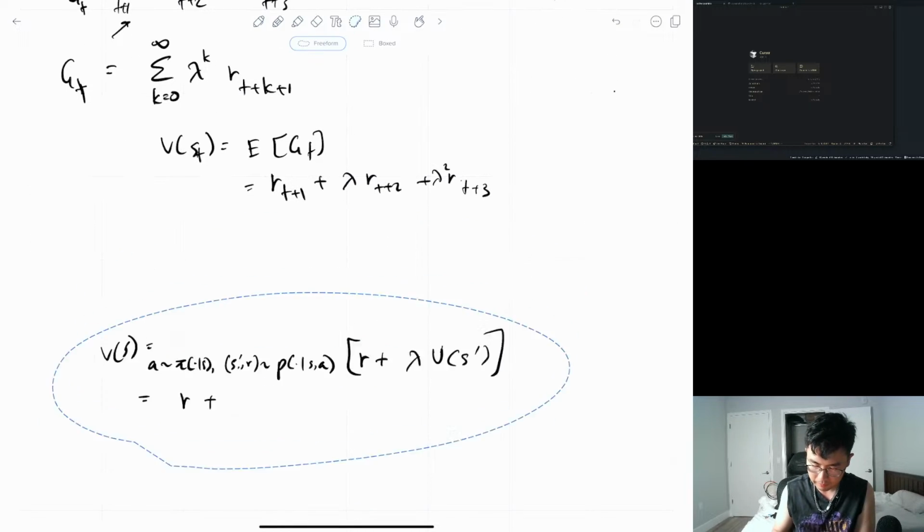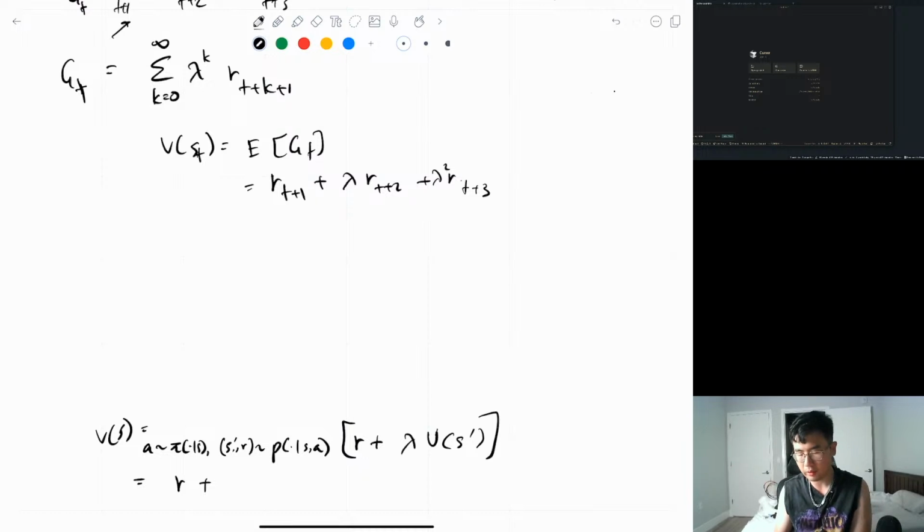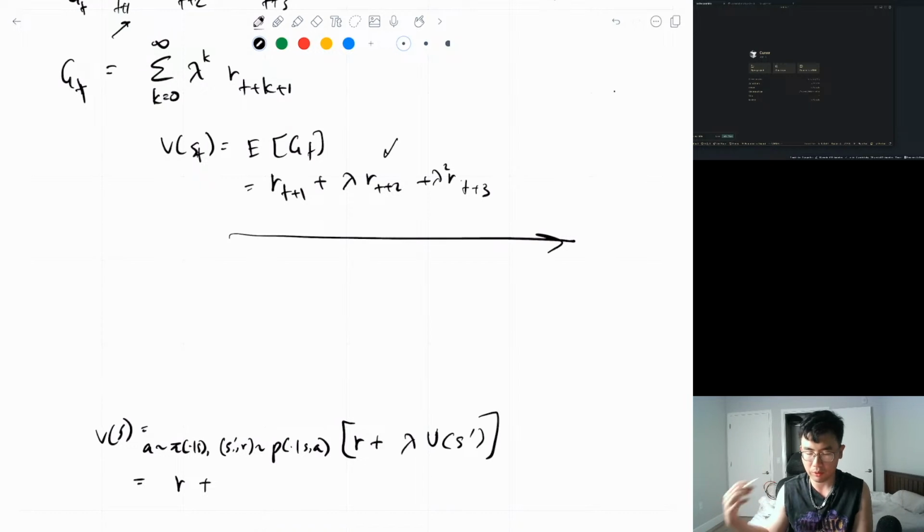And this is a very long form. And how do we get R t plus 2? You get a reward after you step through your policy and then sample from the environment, right?